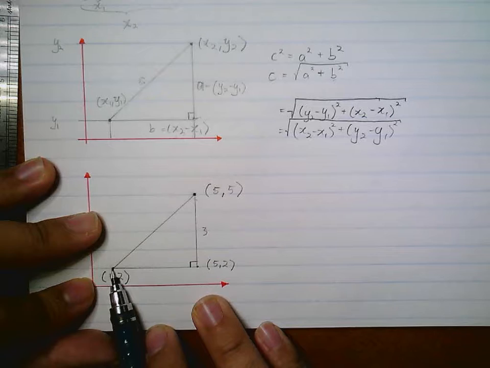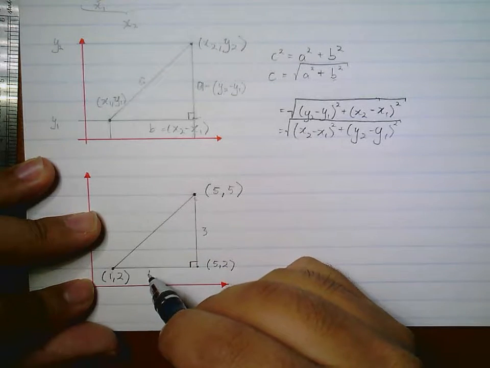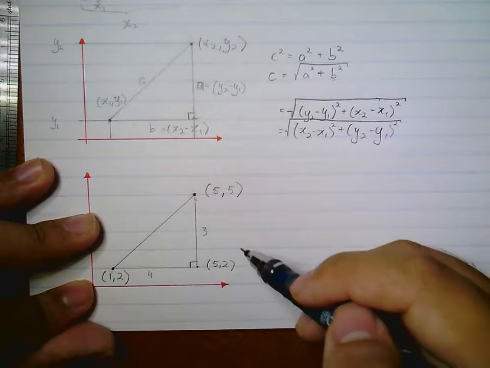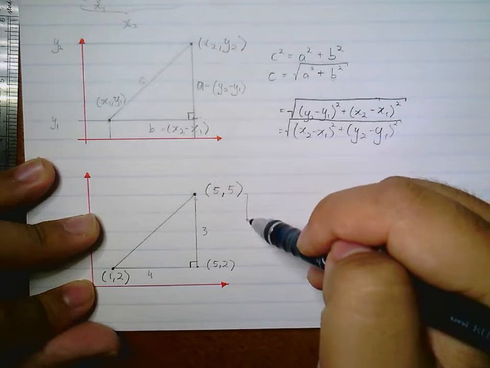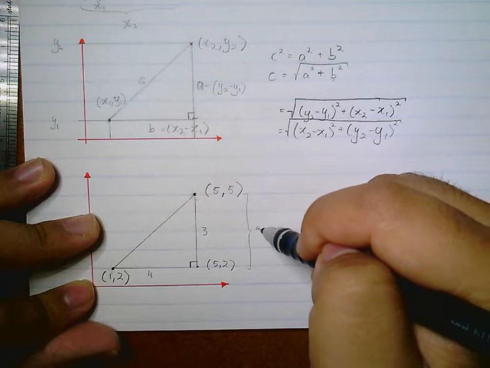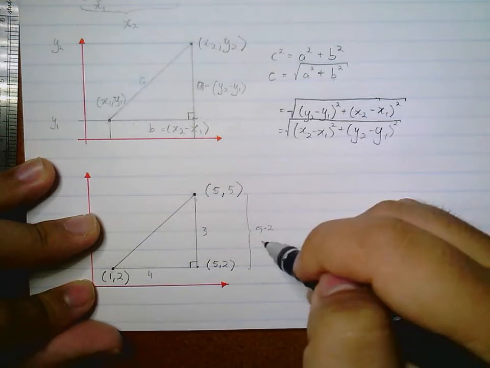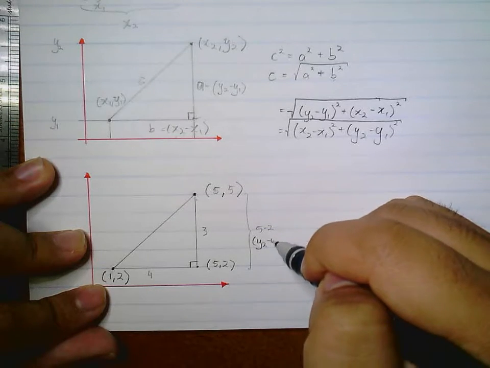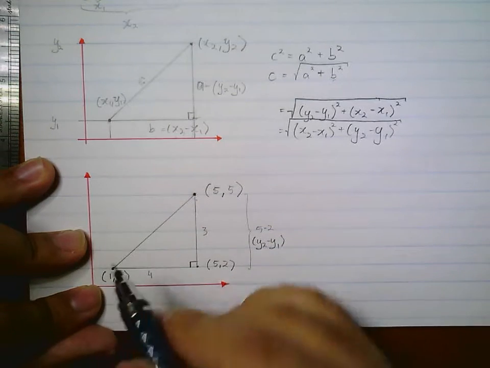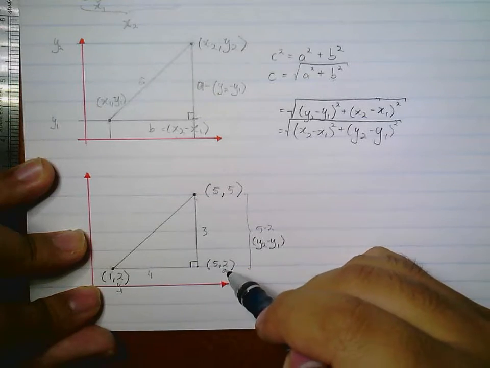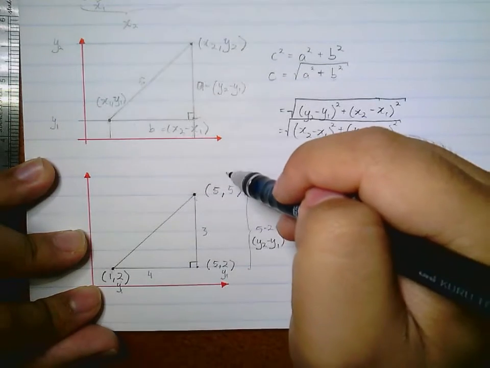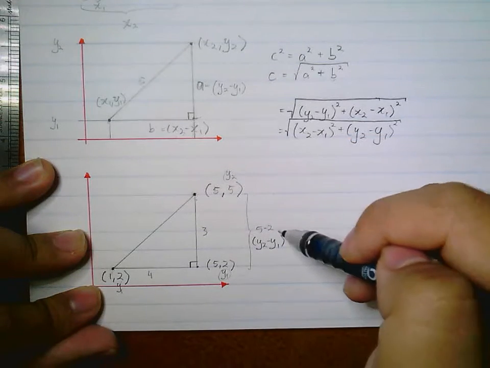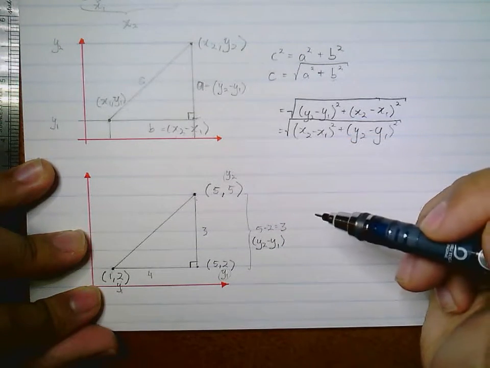And the length from 1 to 5 is 4, or 5 take away 1. So can you see how this length was actually 5 take away 2, or y2 take away y1, because y1 is here, which is the same as y1 here. This one is y2, so y2 take away y1 gives me 3.